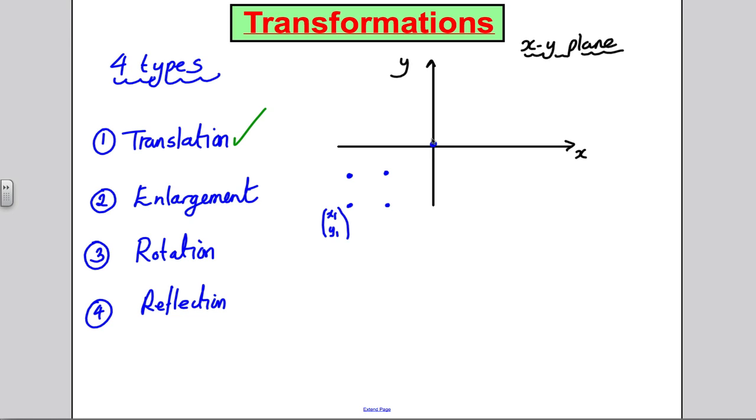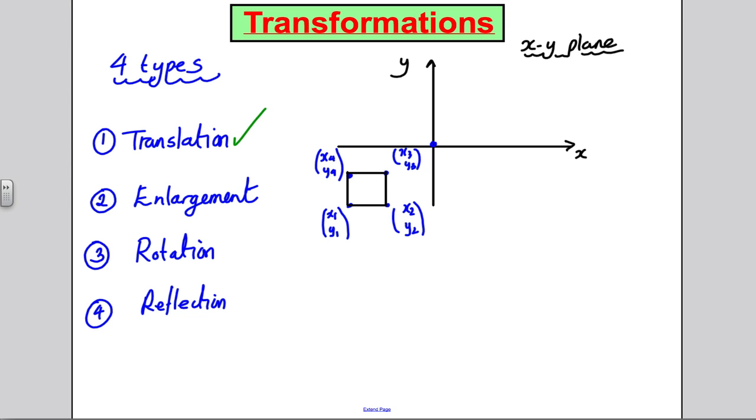The position vector to get from the origin to this point here is x2, y2. And similarly here and here, I'm going to call this x3, y3, and x4, y4. Okay, and I'm going to draw a line in here to show the square. Imagine that's a square, even though it doesn't quite fit there. There we go, a bit better maybe.